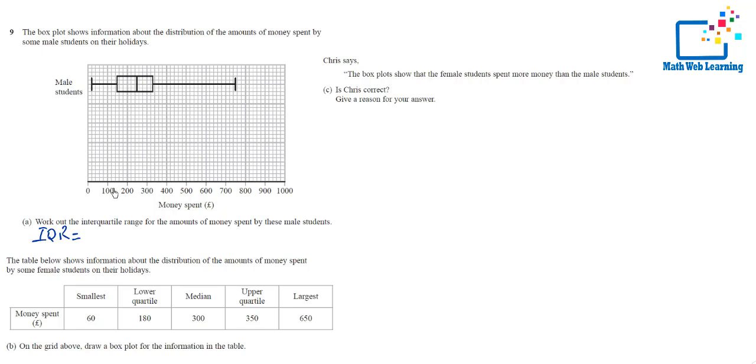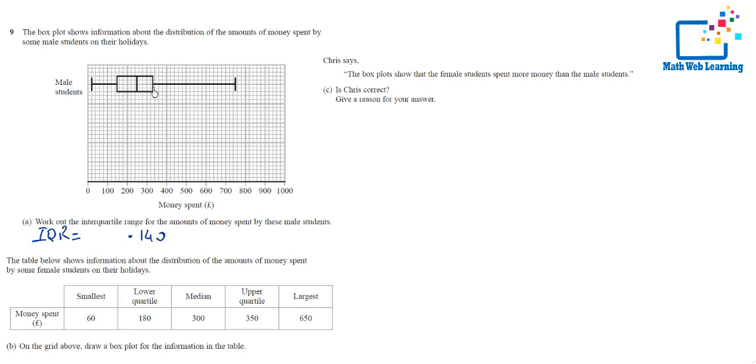First you need to realize the scale, which goes up in tens, no, in 20s, apologize. 20, 40, 60, 80, 100, 120, 140. So that is 140. I'm going to say that is the lower quartile. I'm going to write it down here.